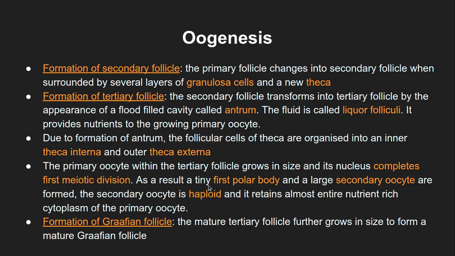As a result, a tiny first polar body and a large secondary oocyte are generated from the primary oocyte.